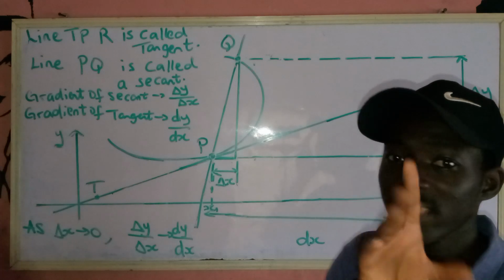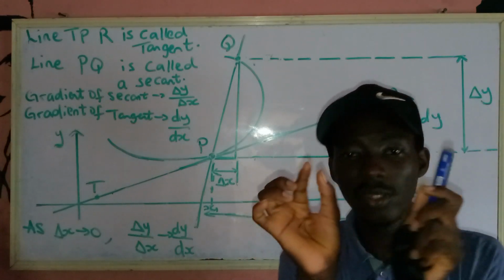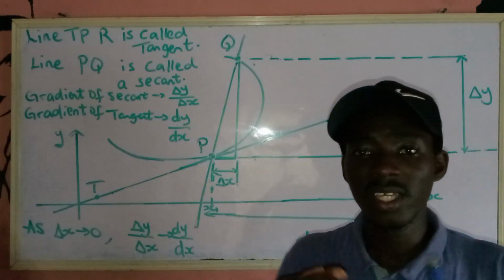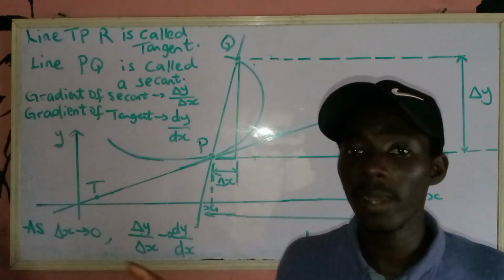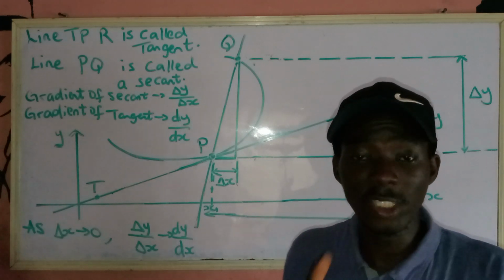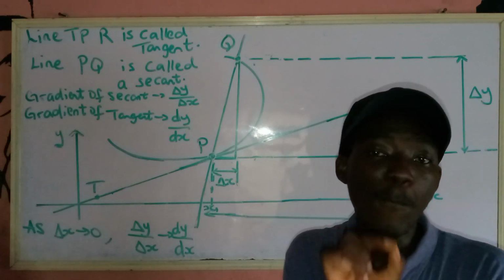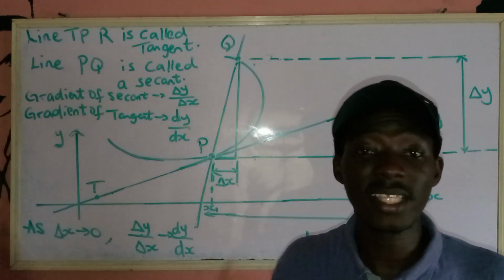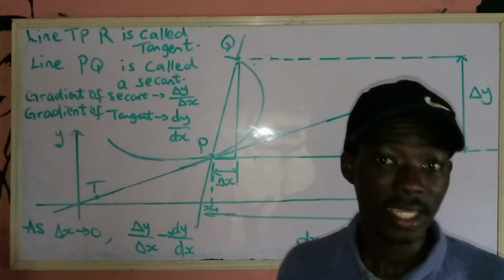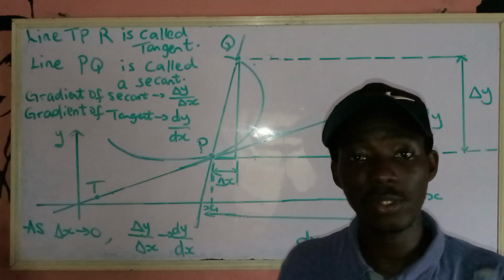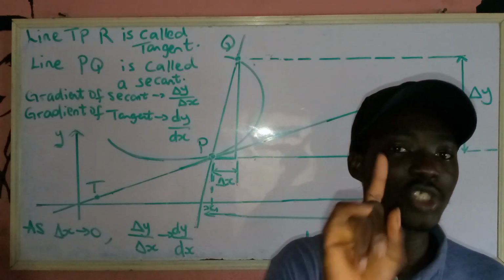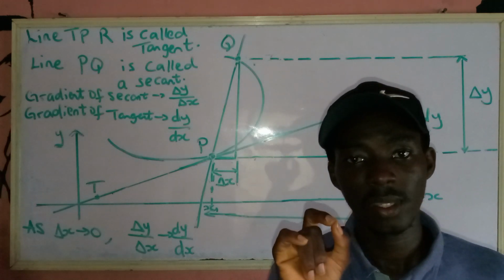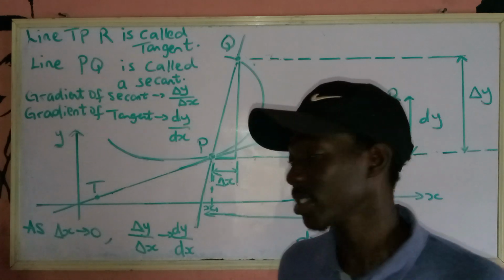So a tangent is restricted to a single point, while a secant is not. For as long as it touches the curve at more than 1 point, that is called a secant. But a tangent is a line that touches a curve at just 1 point. Are you getting? So that is what a tangent is.